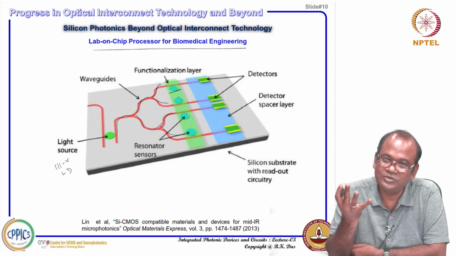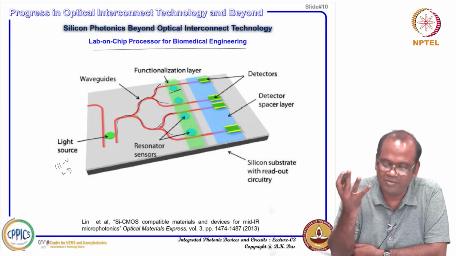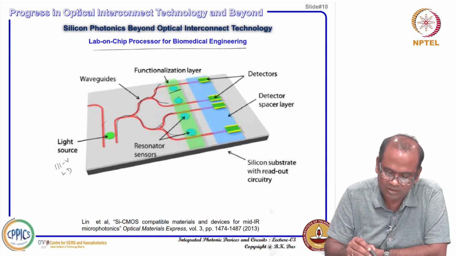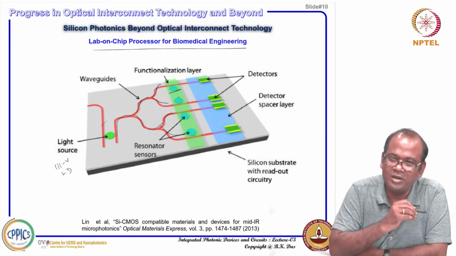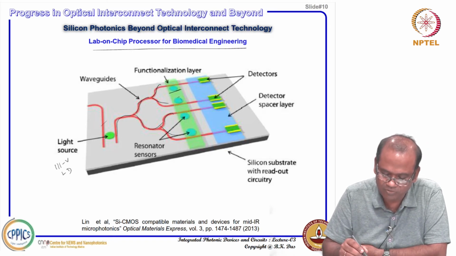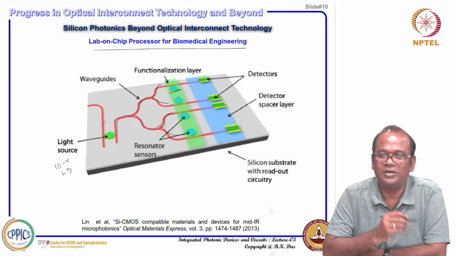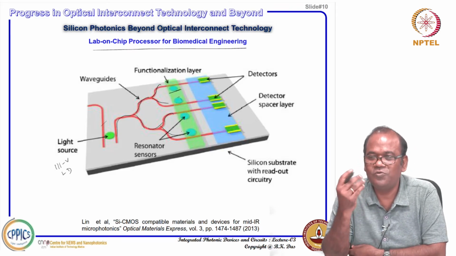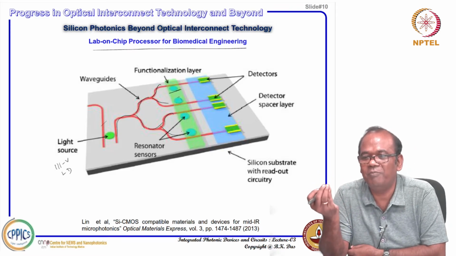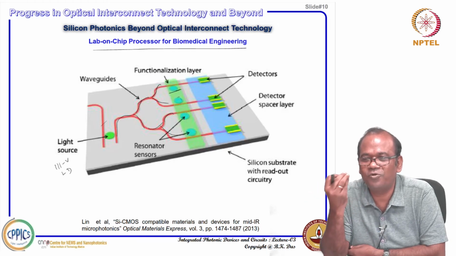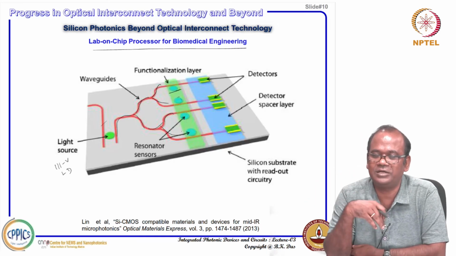And this ring resonator is a ring waveguide basically. Any laser comes in, if that is resonant to the ring, that will be stored here, it is like a modulator, right. But suppose you want to test some biomedical sample, some protein sample, some virus you want to detect, for example.